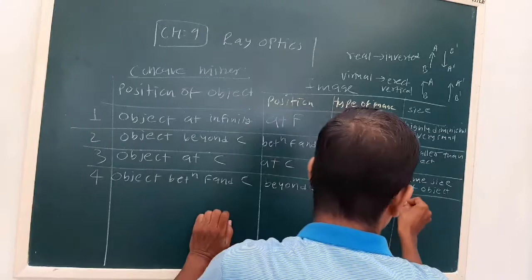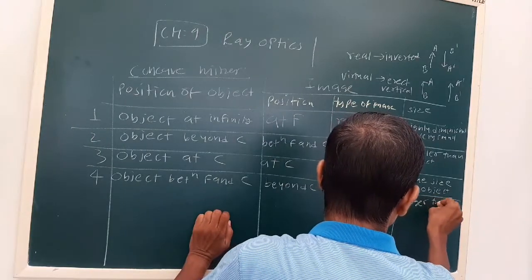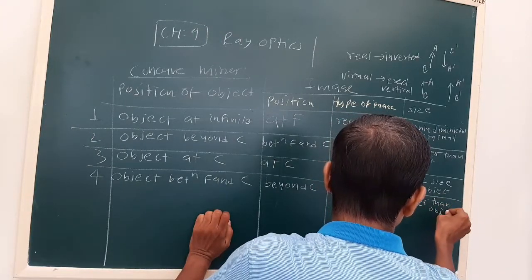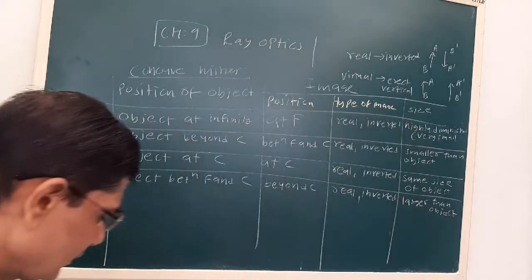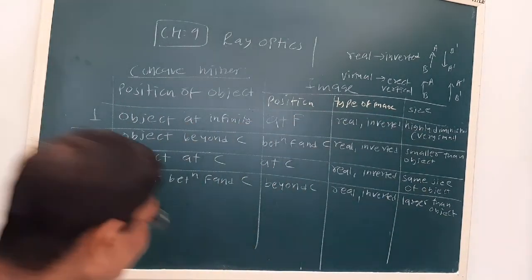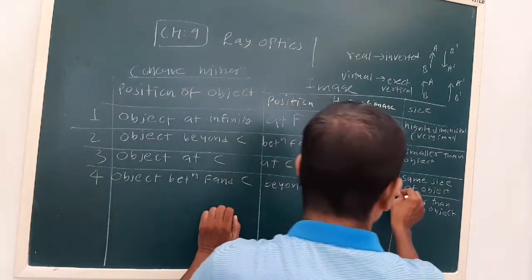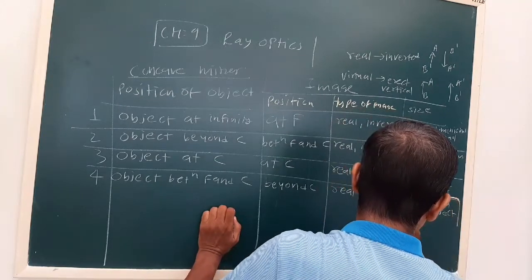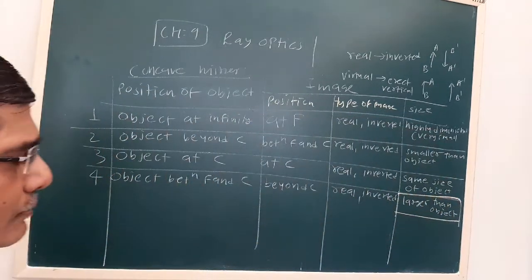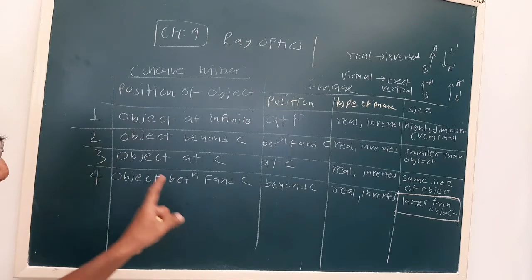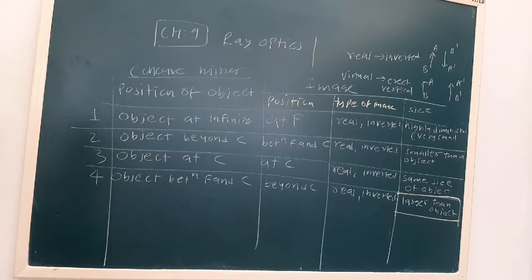The image will be larger than the object. So keep this in mind: when we want an enlarged image by using a concave mirror, we have to place the object between F and C.